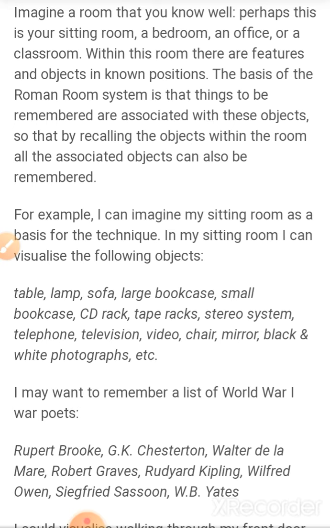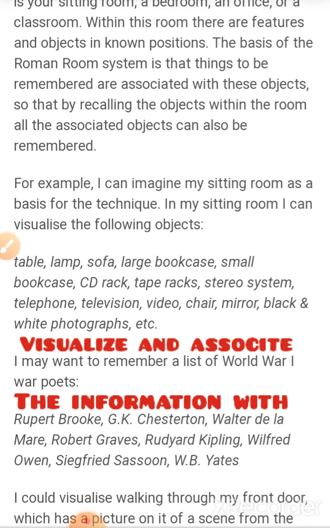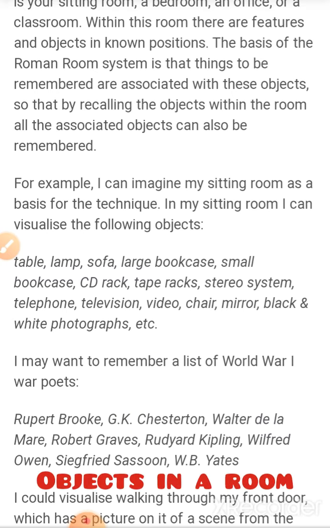In my sitting room, I can visualize the following objects: table, lamp, sofa, large bookcase, small bookcase, CD rack, tape rack, stereo system, telephone, television, video, chair, mirror, black and white photographs, etc.